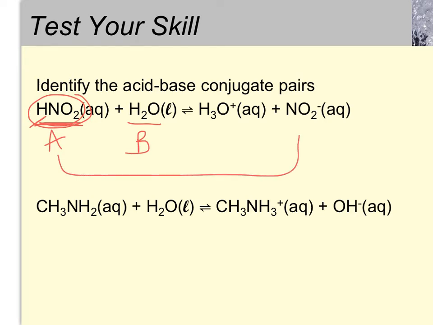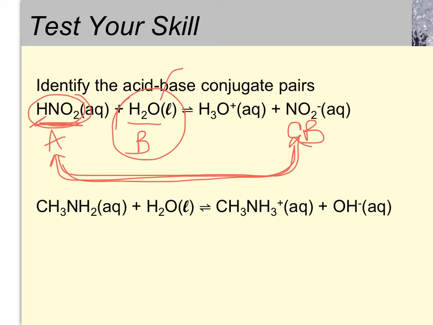And that is NO2 minus. So that is your conjugate base. And here's your first conjugate acid-base pair. Now, since we know water's functioning as a base, what do bases do? They accept a hydrogen ion. So once water accepts a hydrogen ion, it becomes hydronium ion, and so that is the conjugate acid of water.